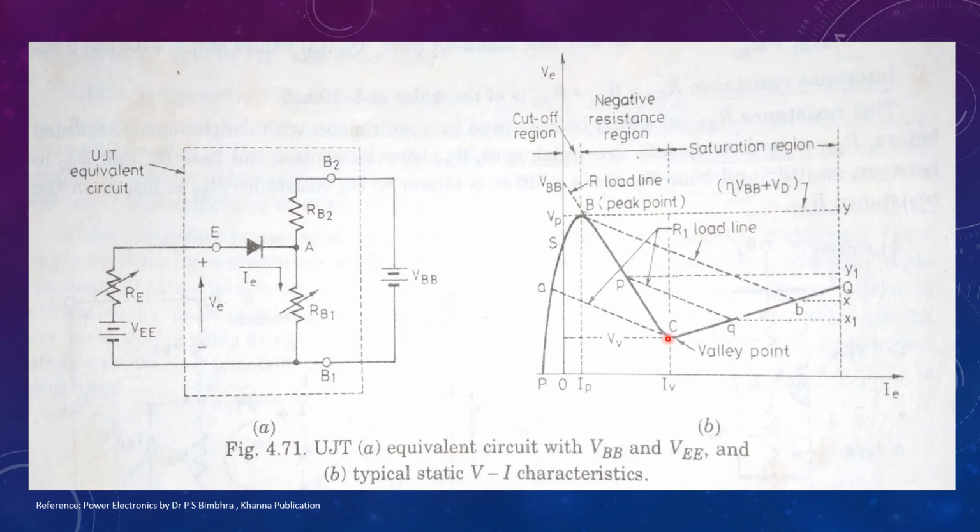At the valley point, the current is given by IE equal to VV upon RB1. Valley point current is also called the holding current, which keeps the UJT on. When emitter current falls below the valley point current, the UJT turns off.